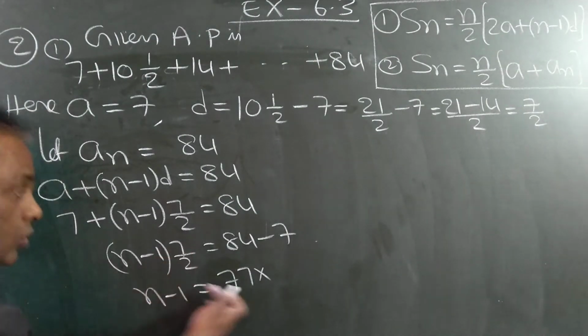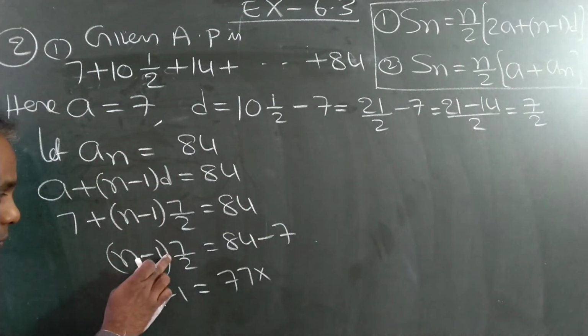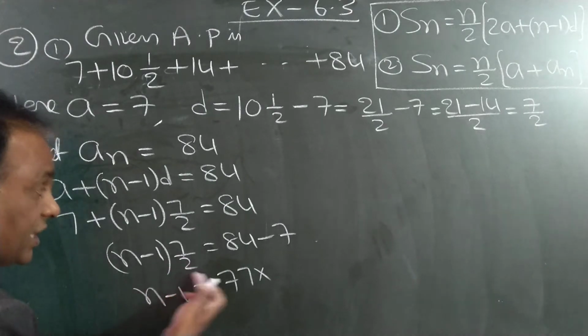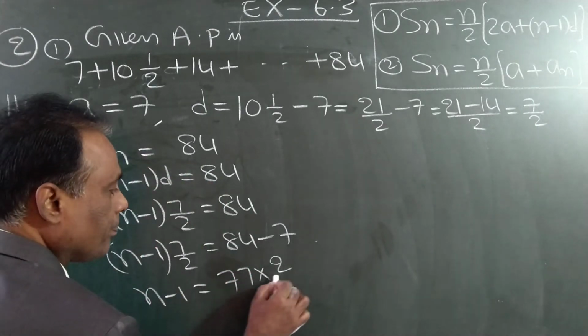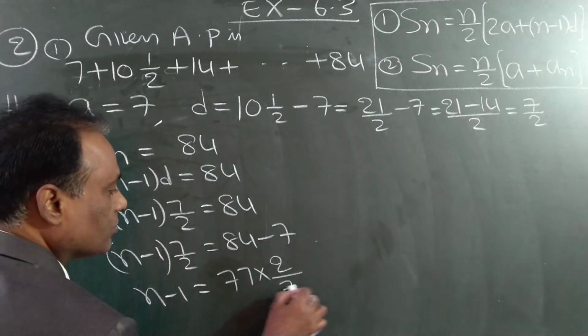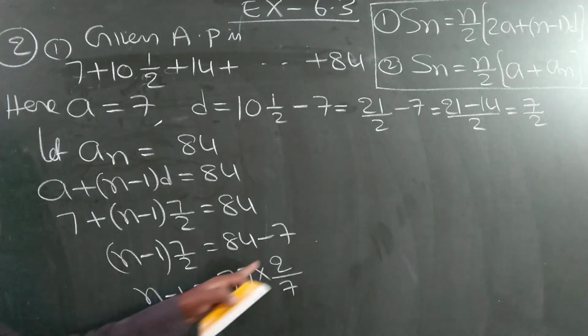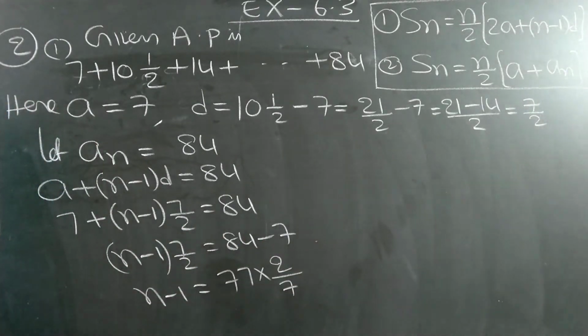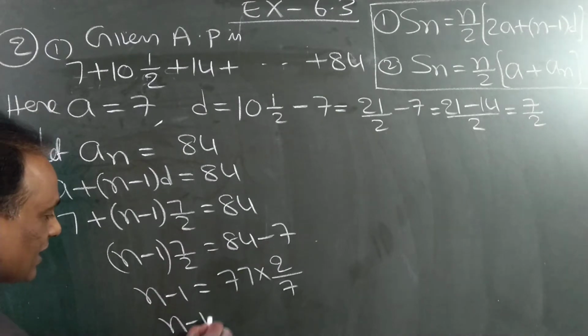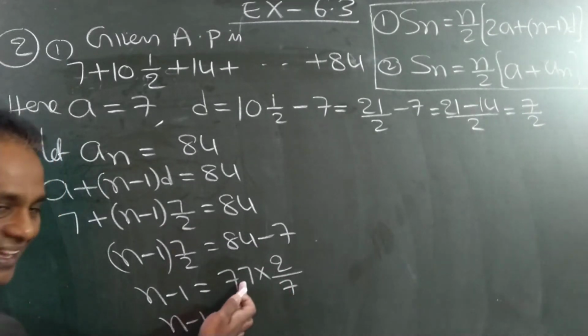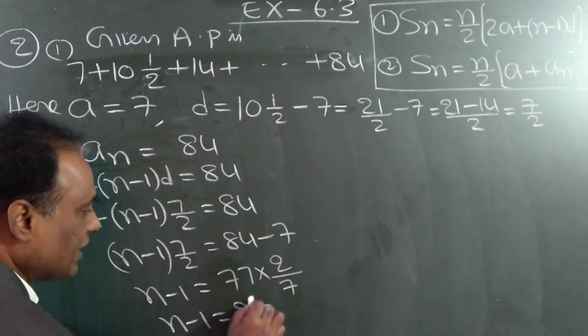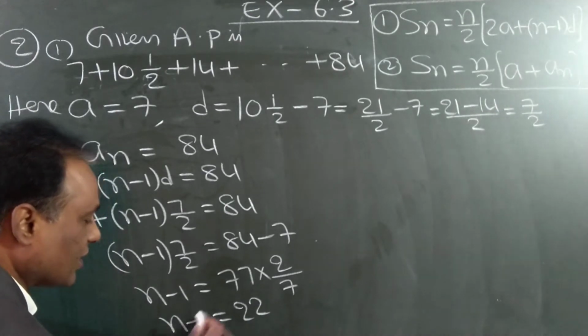This 7 by 2, if you take it to the right side, here it is into. Bracket means into, so it will reverse. 2 will go up, 7 will come down. N minus 1 is equal to 7 11s are 77, 11 2s are 22. So n is equal to 22 plus 1 that side.